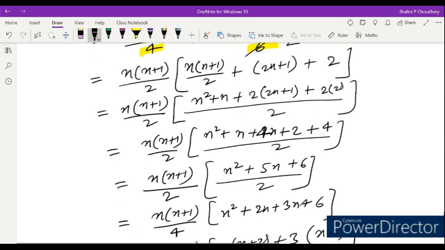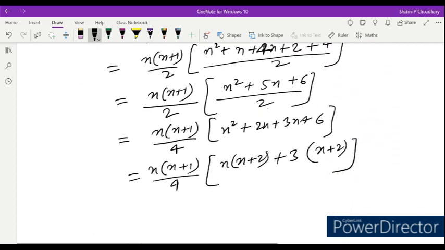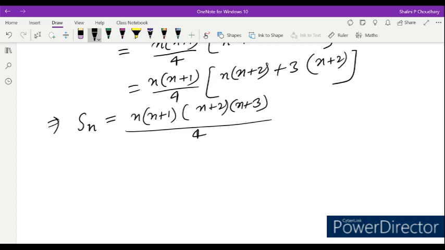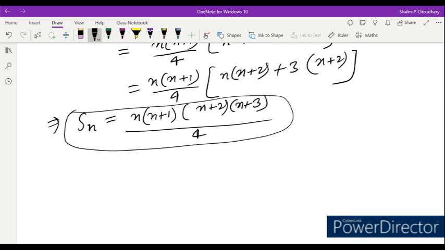So here this is Sn. So Sn will be equal to n into n plus 1 into n plus 2 into n plus 3 divided by 4. Okay, so this one will be the value of Sn.